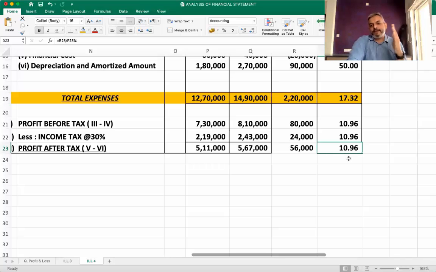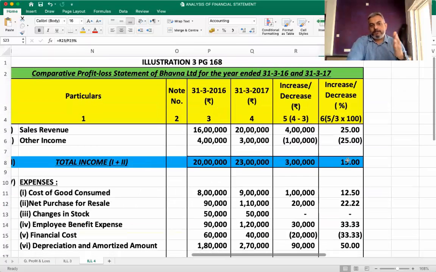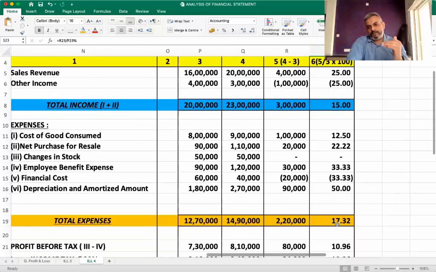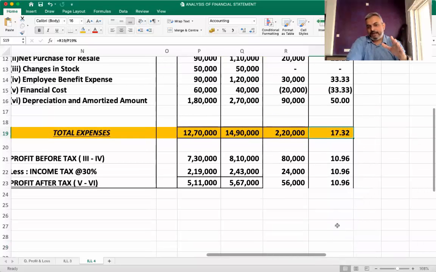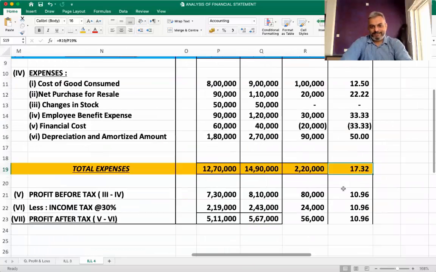If you analyze why profit has increased only 11%, whereas total income has increased by 15%, it is because expenses have increased significantly in terms of percentage. That's why the overall impact is that only 11% profit has increased. That is how you have to analyze this.